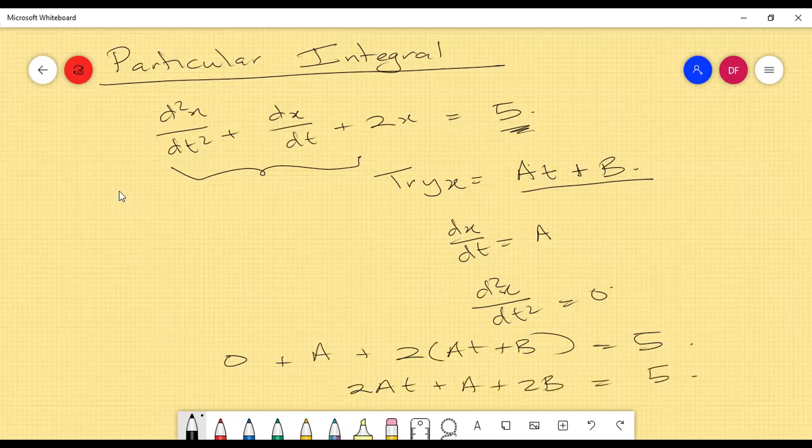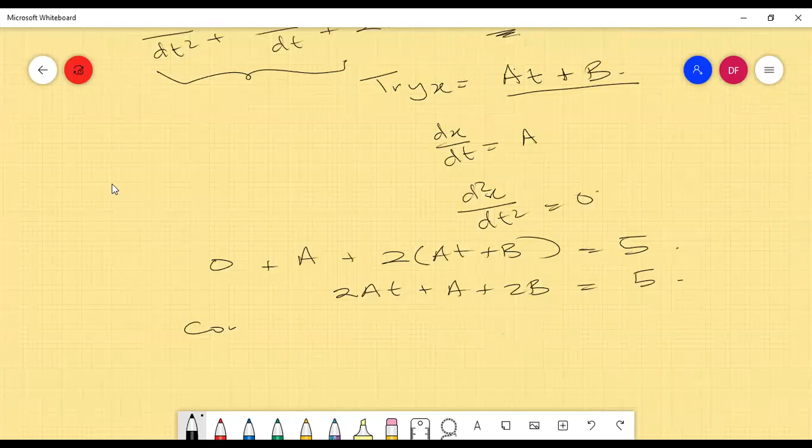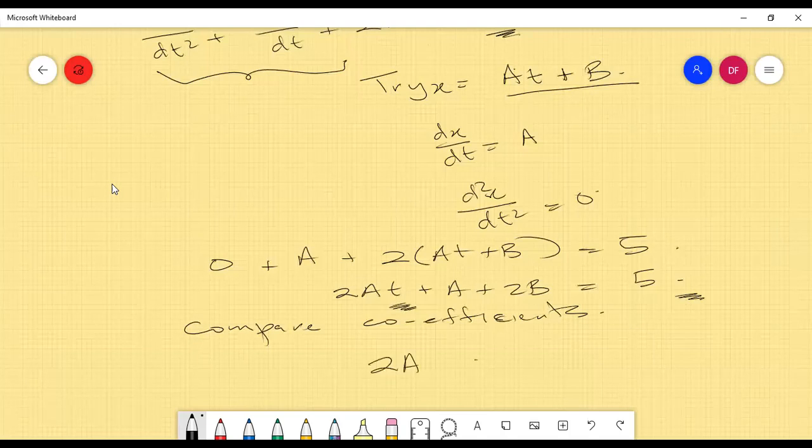So now, if you compare coefficients, there's t over this side, but there's no t over that side. So therefore, 2a, the coefficient of t, must be equal to 0 because there's no t over the right-hand side.